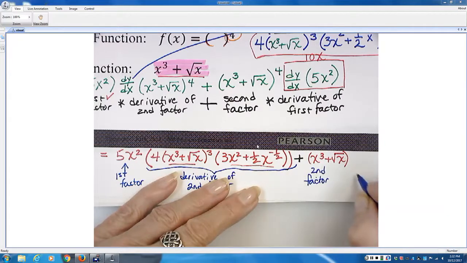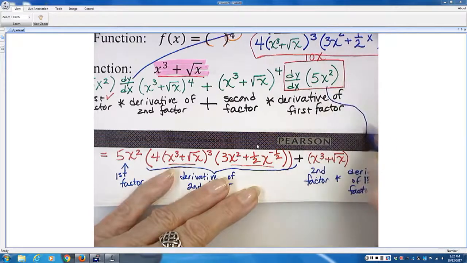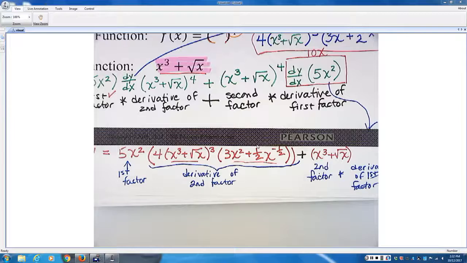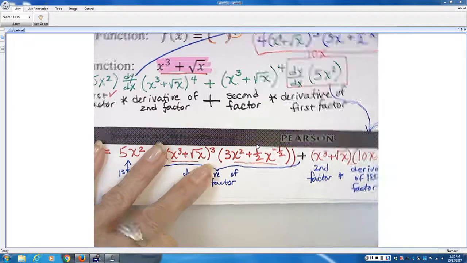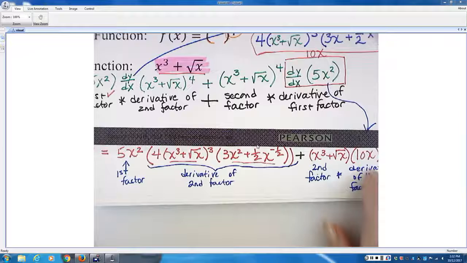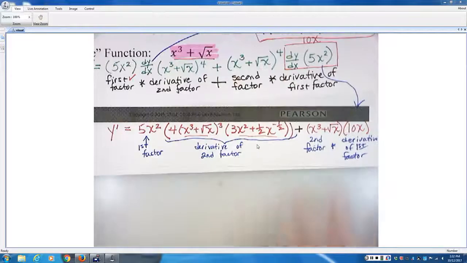And we're going to multiply times 10x, that's right, which is the derivative of your first factor. So there's your derivative.